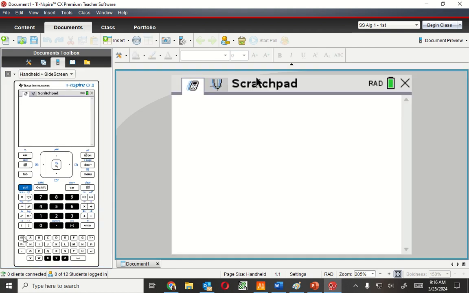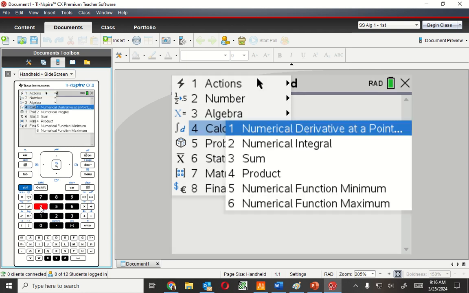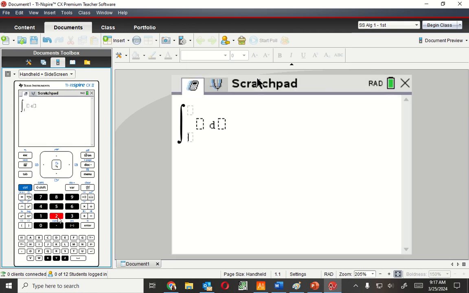All right, so let's see, menu, calculus, integral from 1 to 2, and so let's go with the original problem. Equation.